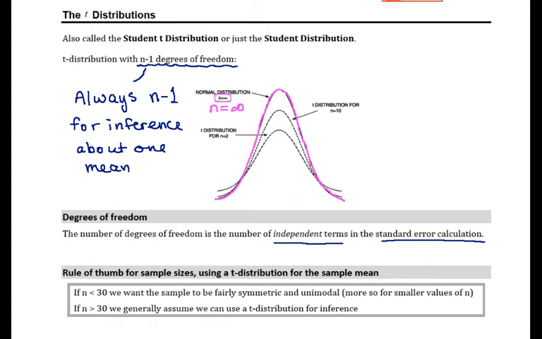And so what we see here is that for a small value of n, like 2, this one says n equals 2, we have a curve that's very far from normal. It's got less concentrated at the center and more mass in the tails.